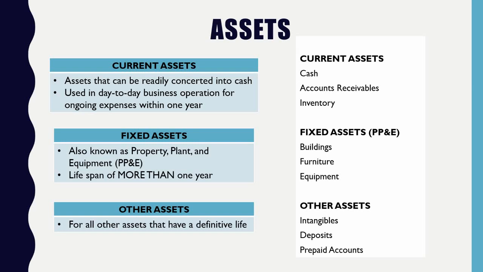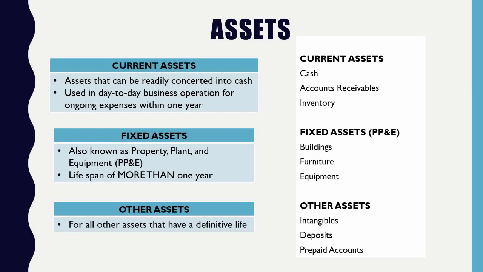And how we determine it is based on liquidity. So what does that mean? Liquidity means how easily, how readily available, or how quickly convertible it is to cash. So cash is going to be at the very top of the list because it's already in its liquid form. It's already cash.